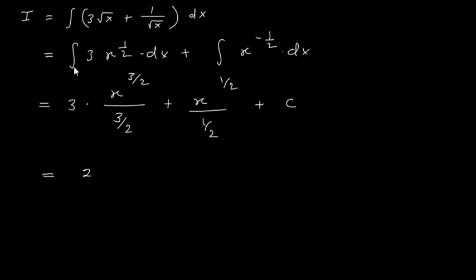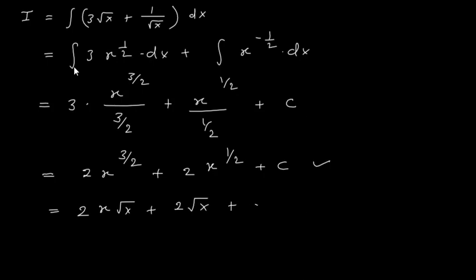So we have 2 into x power 3 by 2 plus 2 into x power half plus c. You can keep x power 3 by 2 as it is, or write it as 2x root x plus 2 root x plus c.